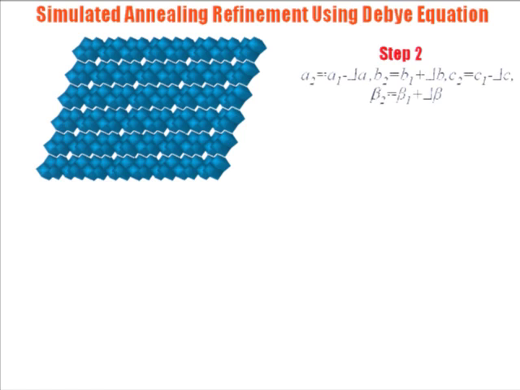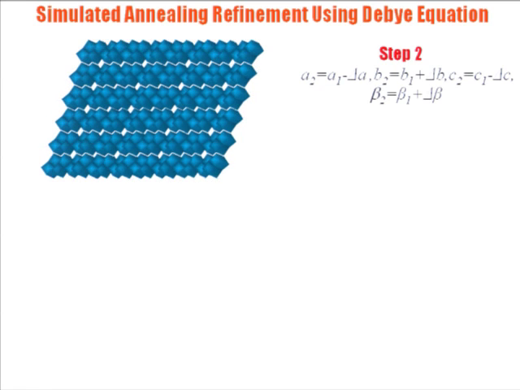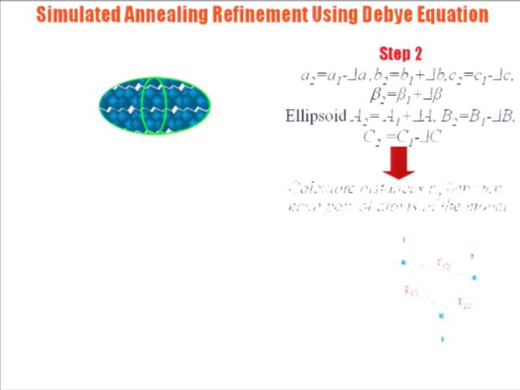So on step 2, we applied those increments that we determined in the previous step, and obviously I will exaggerate slightly the effect, the magnitude rather, of these increments. So the pattern was shrunk like this, and then we cut out an ellipsoid. And then we calculated, once again, distances between the atoms. But in this case, we didn't consider atoms as stationary and occupying the same ideal position.